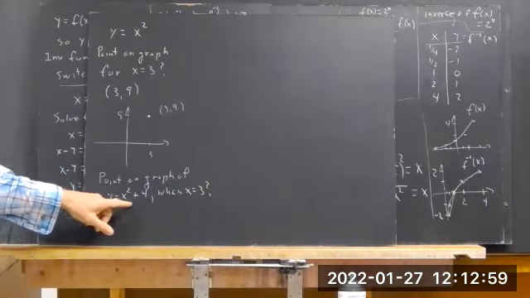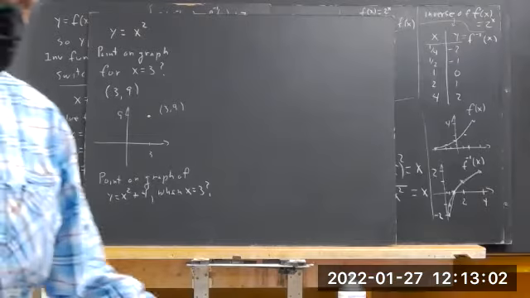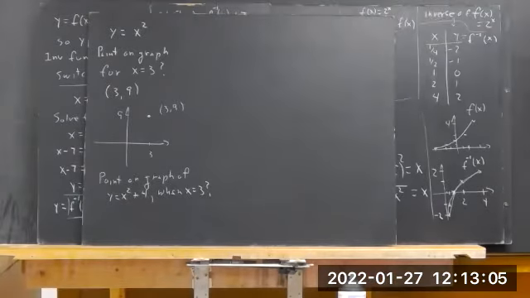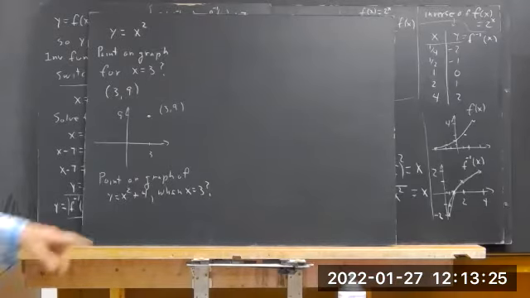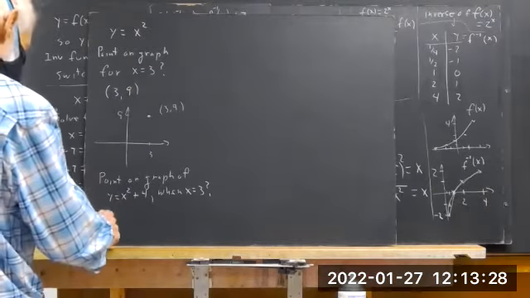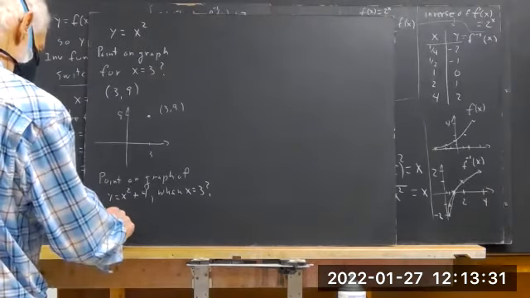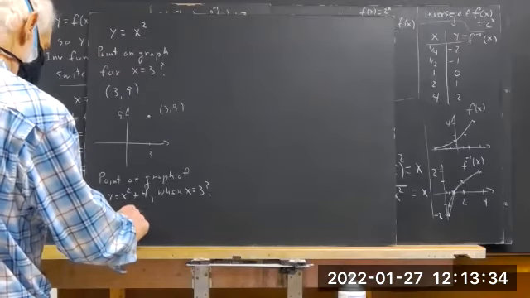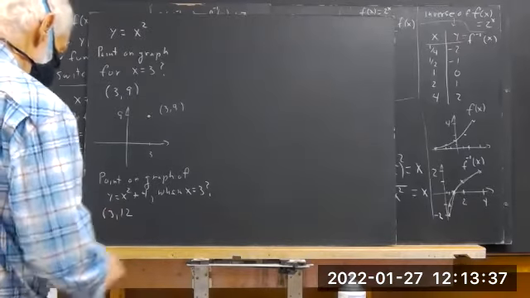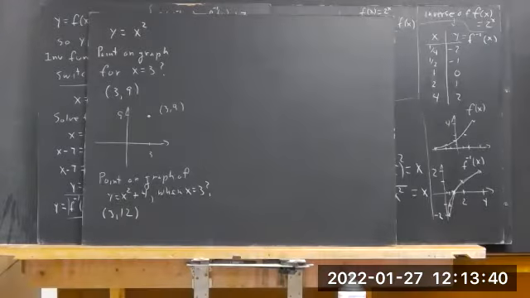Now, what's the point on the graph of y equals x squared plus 4 when x equals 3? Don't say it, just figure it out. Easy, you just plug x equals 3 in here. What do you get? Clearly, the point is (3, 13).